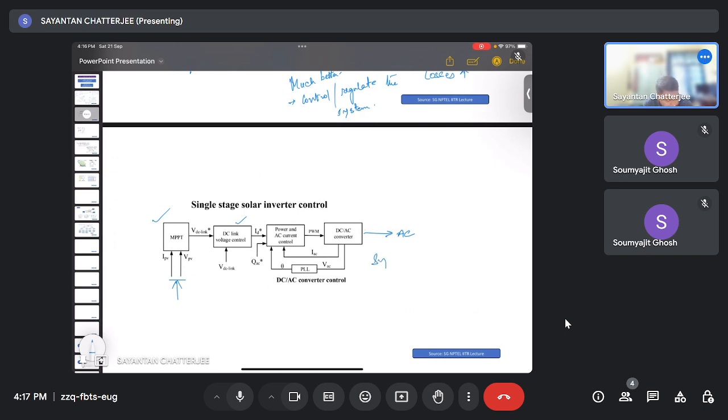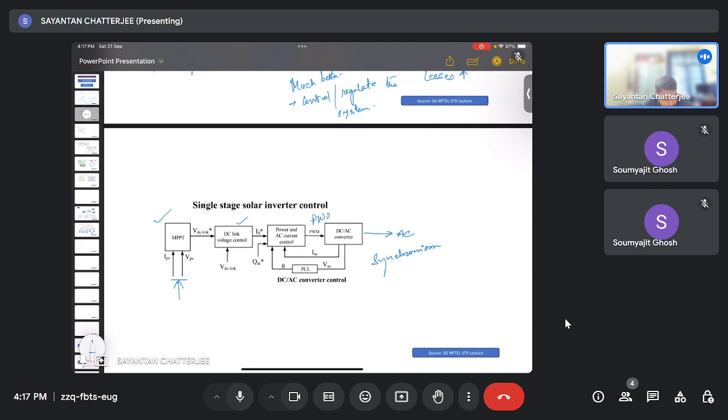To achieve this synchronism we have a phase lock loop, so that the feedback is fed, and accordingly the pulse width modulation PWM pulses are injected, so that the frequency of operation becomes the same or similar to that of the grid, because it has to connect itself to the grid.